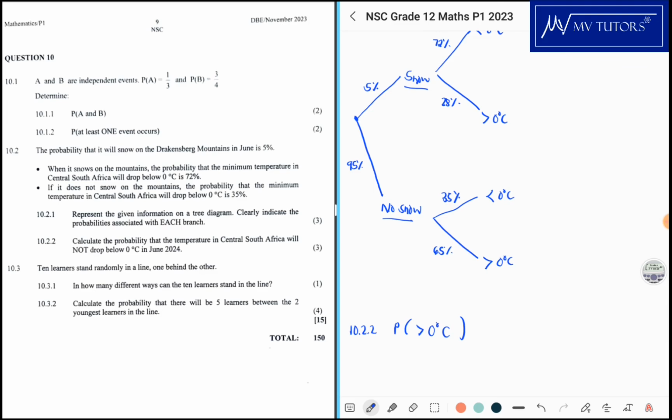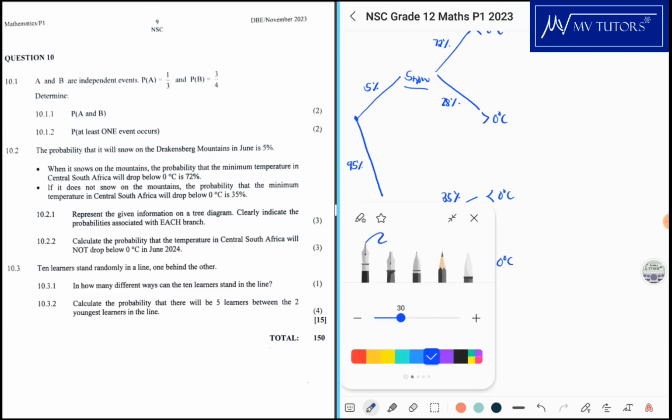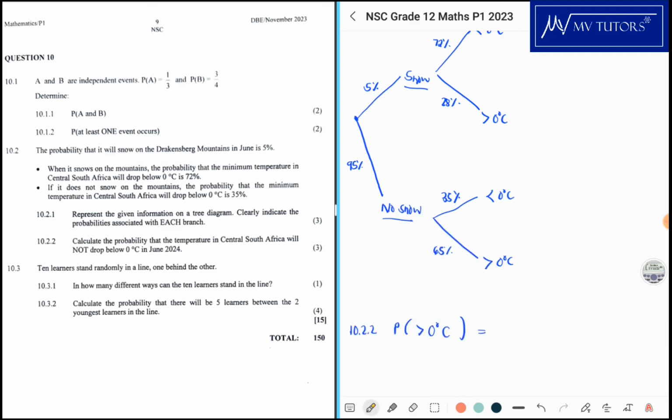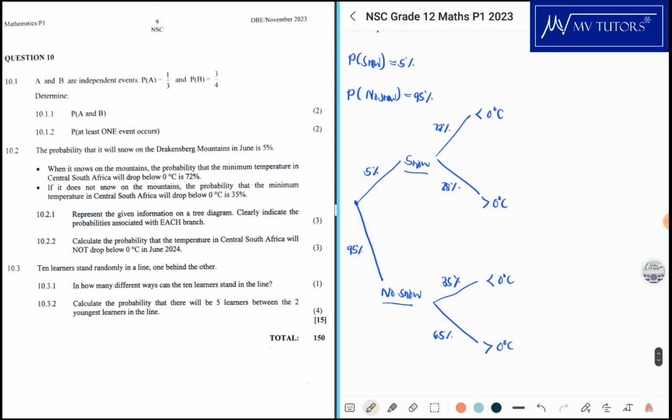We're going to take a different shaded pen and say, okay, we're looking at the snowing part, but that it won't drop below 0 degrees, then we're going to go here. And then no snow, it won't drop below, we're looking here.